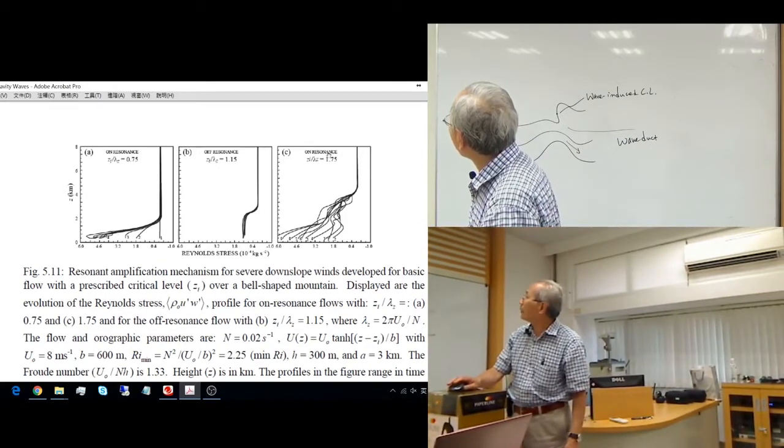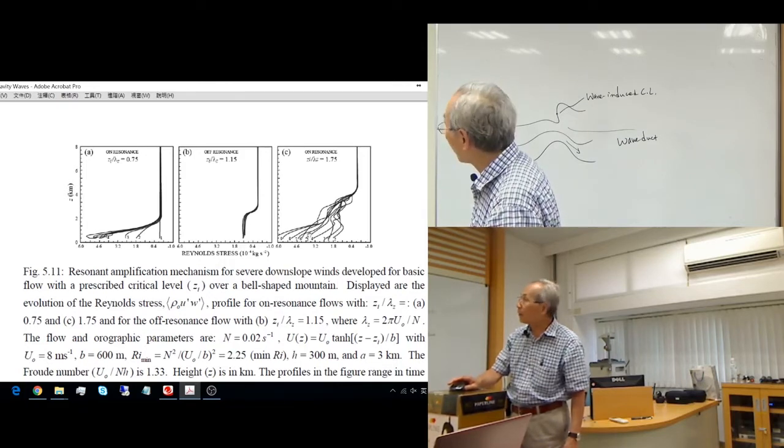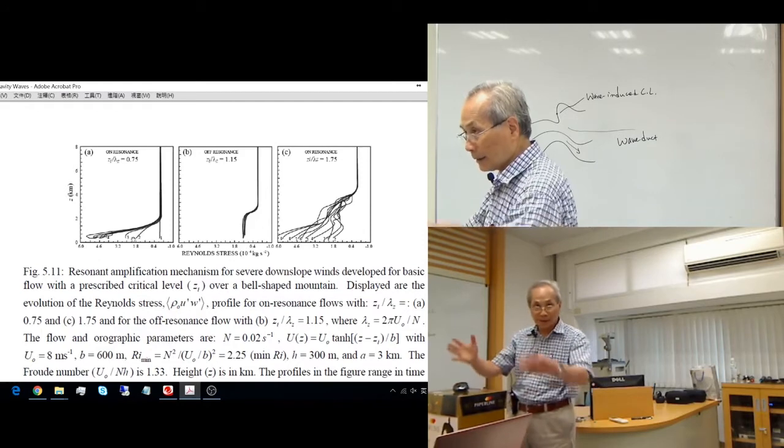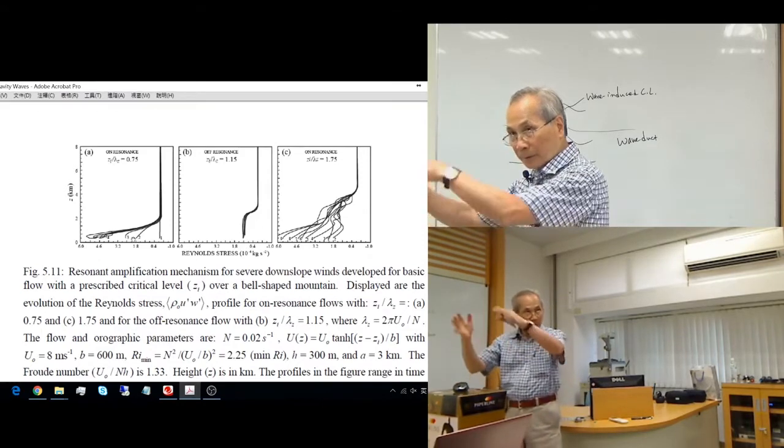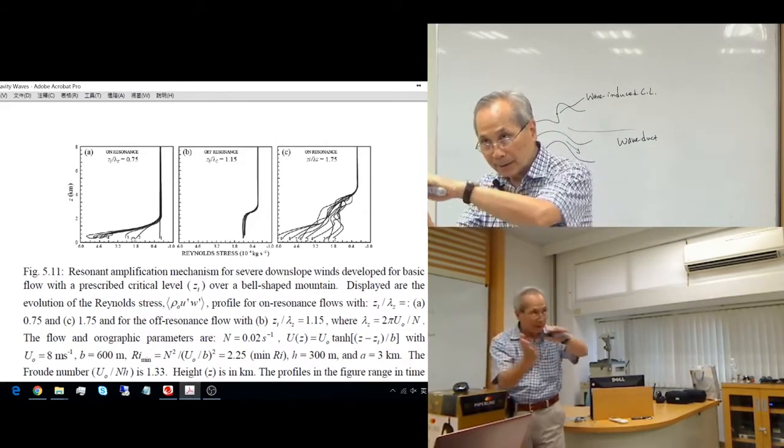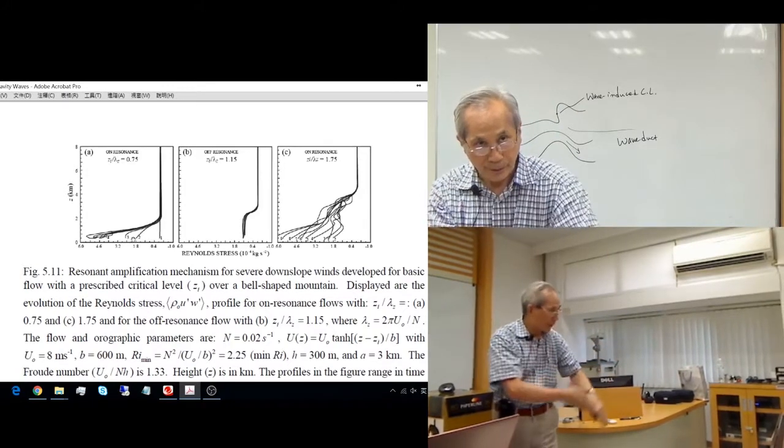So here, unresonant, the energy propagates a little bit higher, but still a lot is confined in the lower layer, and that is responsible for rushing the air downstream, downslope.